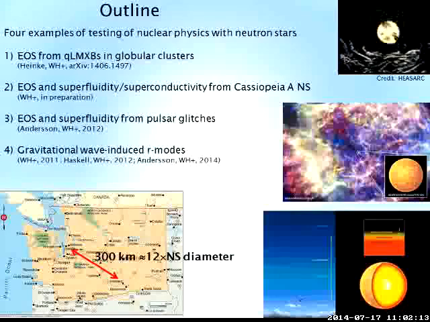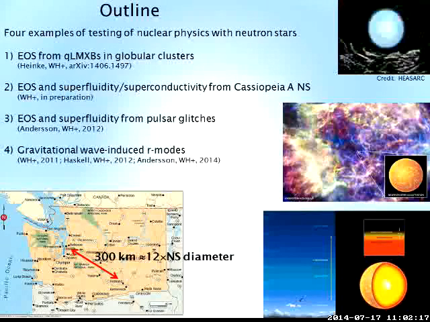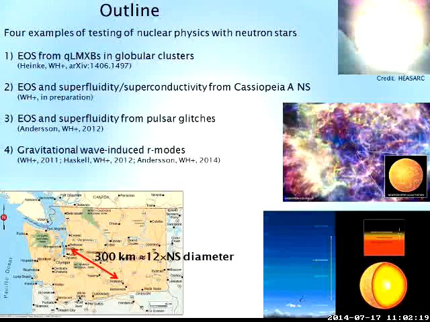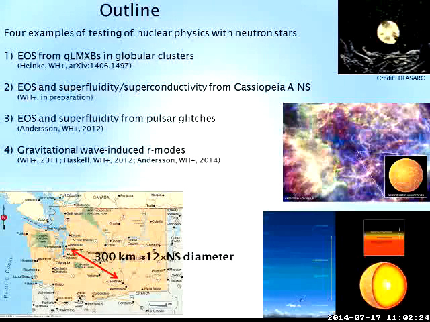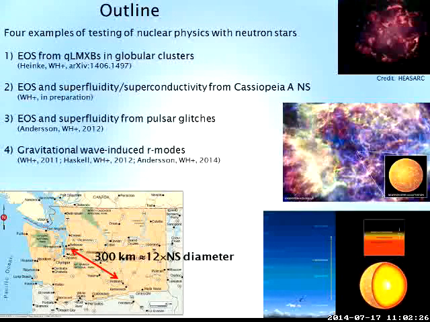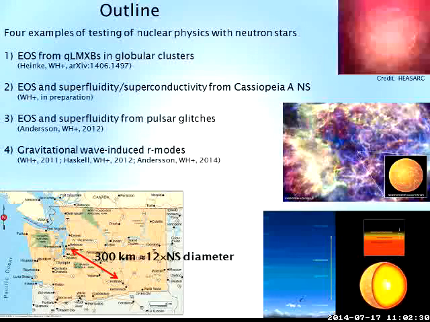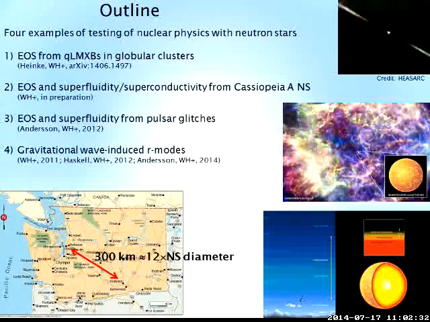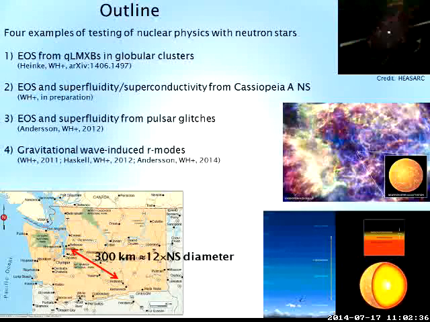In the context of the remnant, the neutron star is small, but obviously it's big compared to the nucleus. This is just a zoom in of the remnant and the neutron star, an artist's impression, obviously. To put into context, we're talking about a neutron star that's about 25 kilometers across.